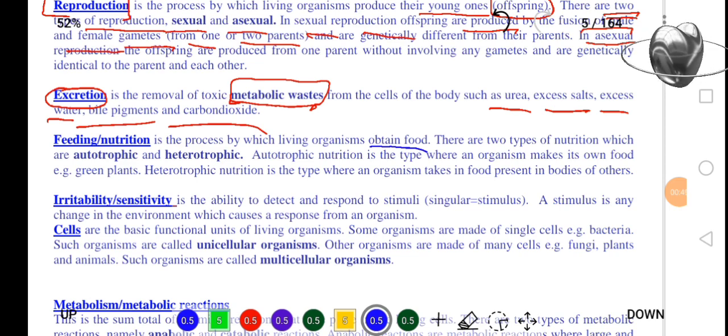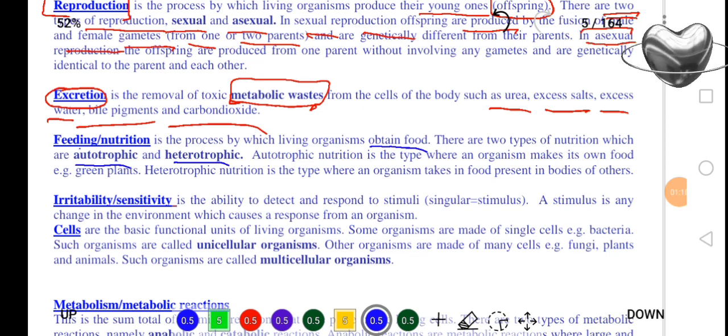But the way living organisms feed differ. We cannot say the way we feed as human beings is the way plants feed. No, that's the reason why we have types of feeding or nutrition. So we are saying there are two types of nutrition, which are autotroph and heterotroph.